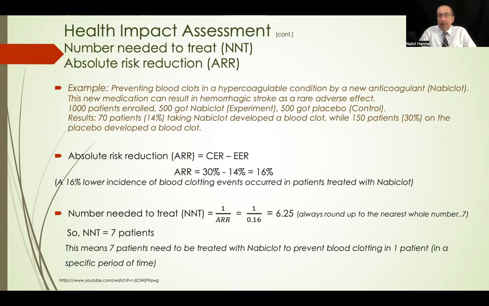And of course, there is no quarter of a patient. So you have to round it up to the nearest whole number, which is 7. So here, the number needed to treat is 7 patients, which means 7 patients need to be treated with this new drug Nabiclot to prevent blood clotting in 1 patient, of course, within a specific time period.